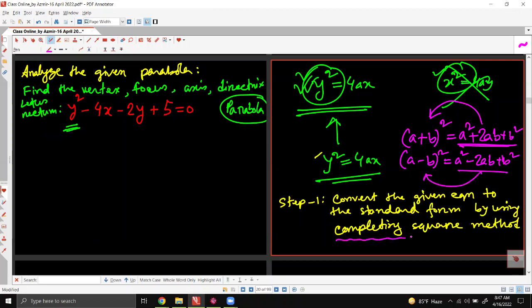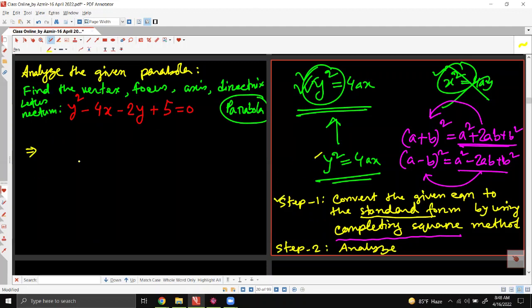This is known as completing square technique. And once we have the completing square, then we have to convert the equation to the standard form anyhow. Then we can analyze. So here we have y squared. So let us try to convert this given equation to the standard form.